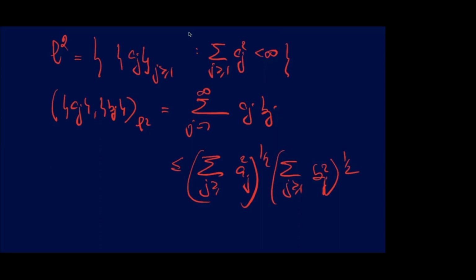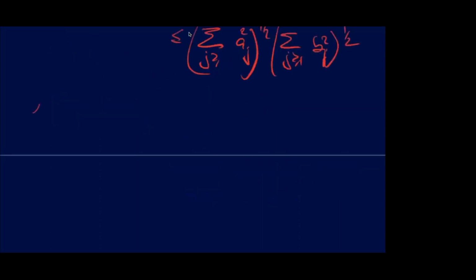And now, what is L2? Well, L2 is kind of, it's hard to draw, right? But it's kind of an idealization of Rn when n goes to infinity. It's an infinite dimensional space where you have infinitely many directions that are mutually orthogonal, right? So how do I see this?